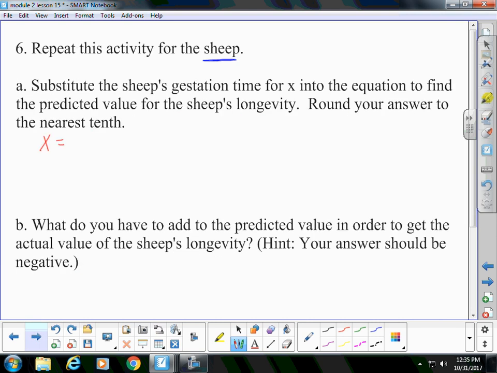X is 154 this time, and I'm going to sub that into my equation. The equation was Y equals 6.642 plus 0.03974 X, except I'm going to plug in 154 for X. And I'm getting 12.76.